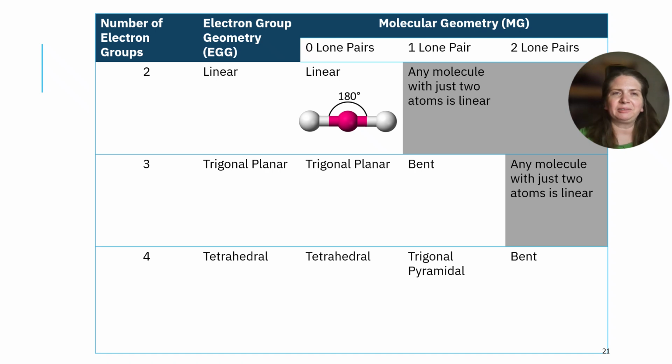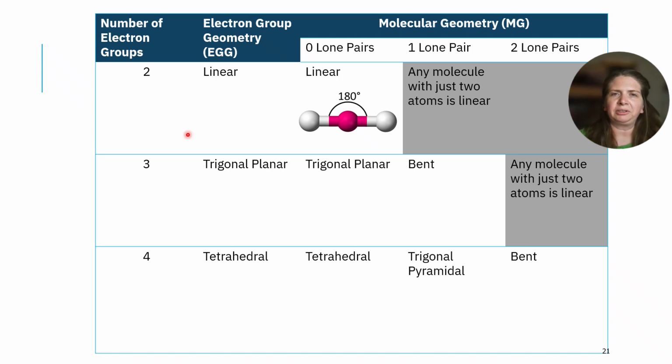In this course, we will learn the molecular shapes for molecules with 2, 3, and 4 electron groups around the central atom. This table summarizes the shapes. Notice that it only applies to molecules with 3 or more atoms. If a molecule has only 2 atoms, its shape is always linear. That's why portions of this table are grayed out.